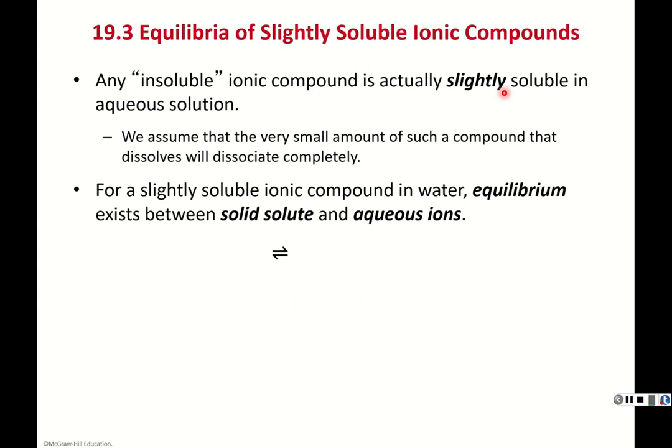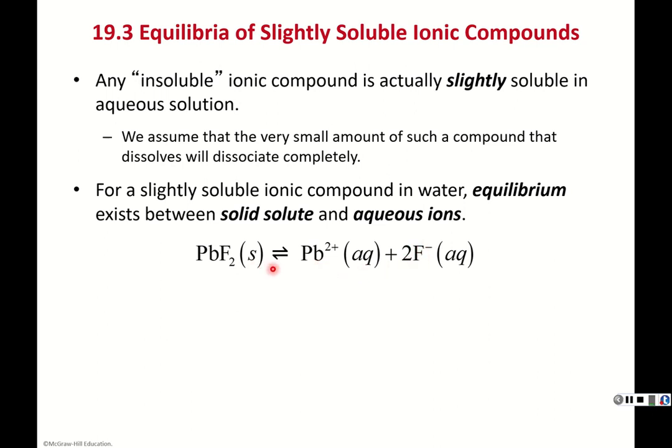Okay. For a slightly soluble ionic compound in water, there's an equilibrium that exists between the solid state and the aqueous state. And we can write that equilibrium if we do, let's say, lead fluoride solid. If you try to dissolve some of that in water, you're going to get some of it to dissociate into lead 2+ ions and 2 fluoride anions.